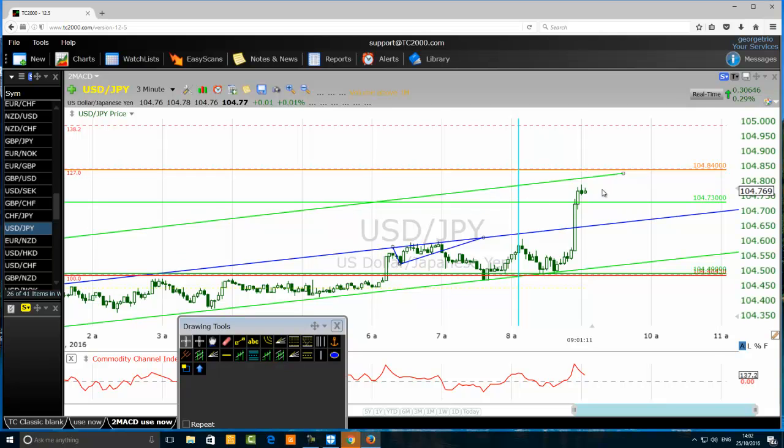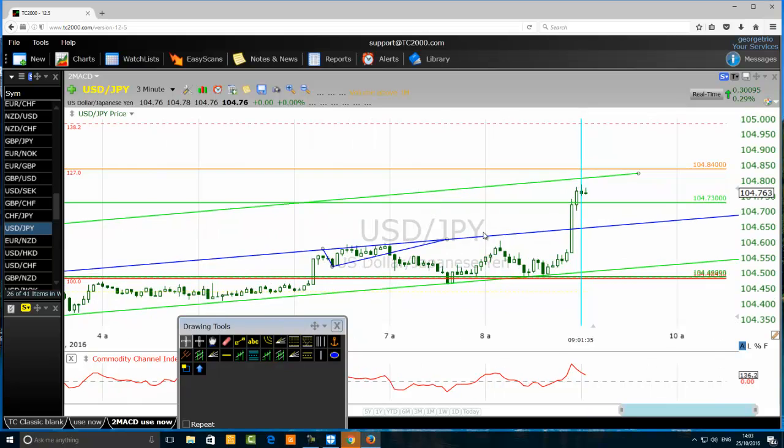I leave my stop loss quite close to the price, so if the price pulls back to 104.73, my trade will be closed straight away with 24 pips of profit. Not a bad trade. We will see what will happen.